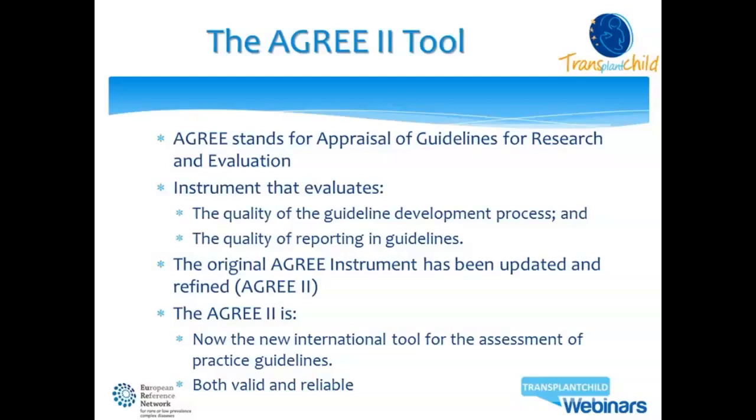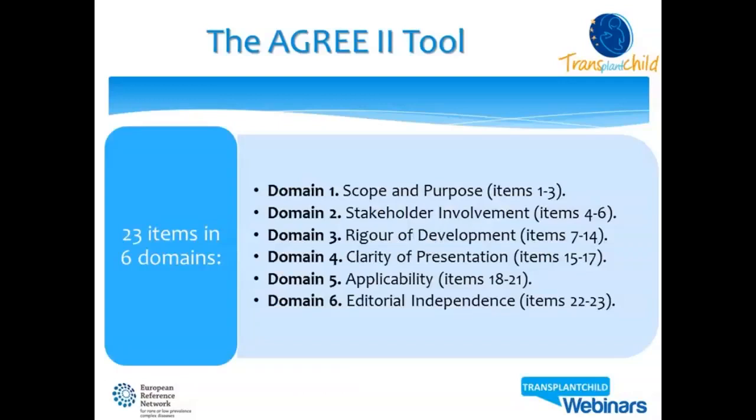The original instrument was the AGREE, and about 5 or 6 years ago they updated and refined it, and now we have the AGREE II. So AGREE II is the new tool for the assessment of practice guidelines, and it is a reliable and trustworthy tool to critically appraise guidelines. The AGREE II tool has 23 items in 6 domains.